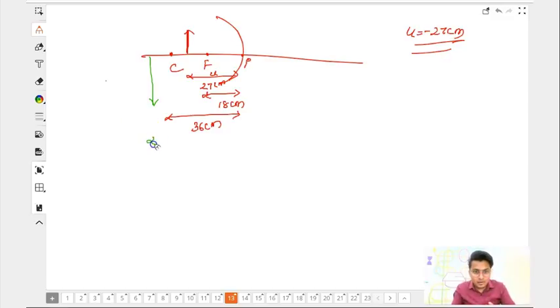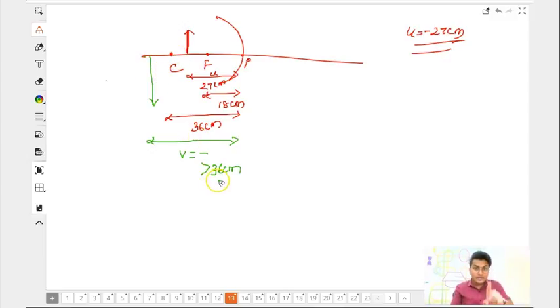That means the image distance which I will get must be a negative value because it's on the LHS, and that value must be greater than 36 centimeter, because the center of curvature is at 36 centimeter. It must be beyond that.